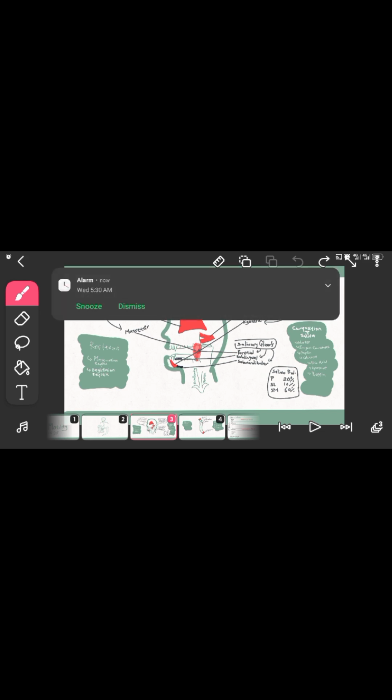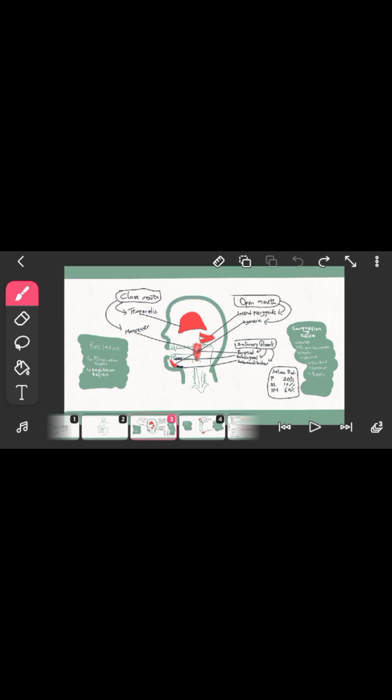Now, we now go to the salivary glands. I said mastication is basically chewing, which mixes the food with saliva and turns it into bolus. So the salivary glands are, sorry for that, the salivary glands are divided into two.